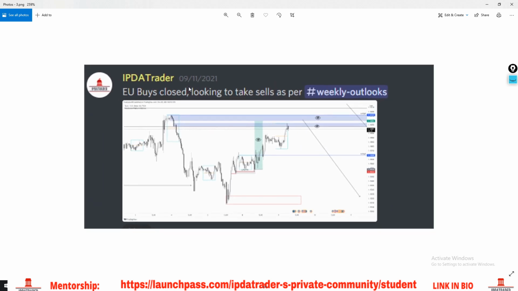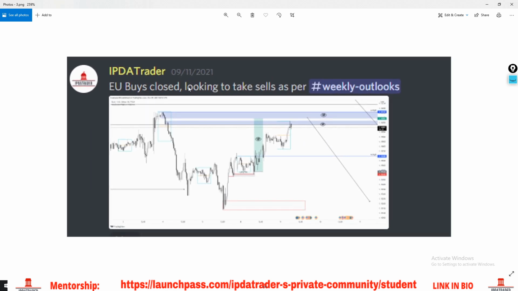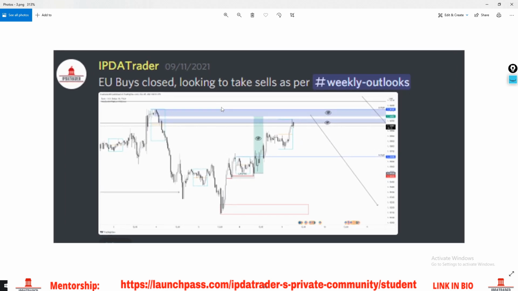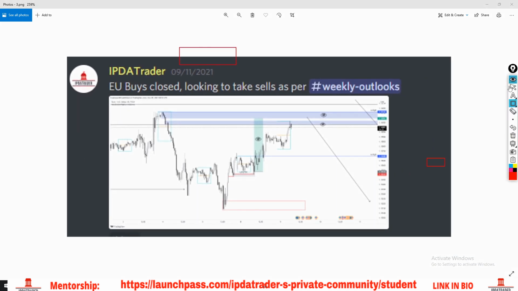on 9th November, pretty much a day after the initial picture, EU buys closed right over here, right? EURUSD buys close, looking to take sells as per weekly outlooks. So you can see once again that I actually decided to close my position over here in order to hunt sell positions as per weekly outlook perspective, right?